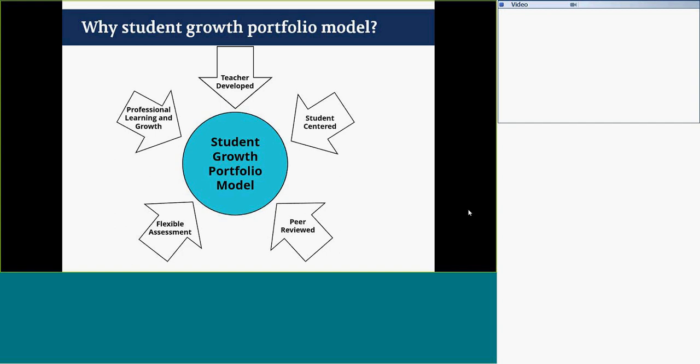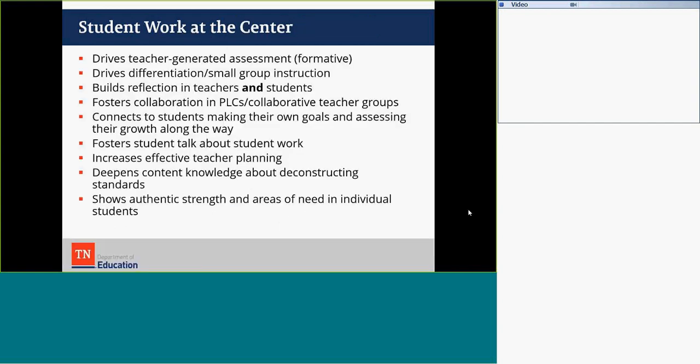All of these components together truly make the portfolio model, the student growth portfolio model, student-centered. Through the analysis of student work, guiding all instructional decisions that are made by teachers, our classrooms really do become student-centered. And when student work is at the center, many very strong instructional practices begin to occur in classrooms.